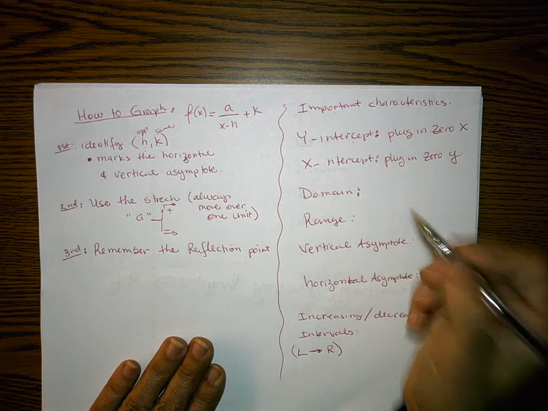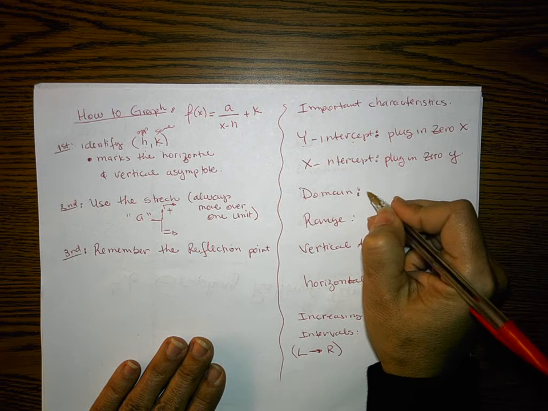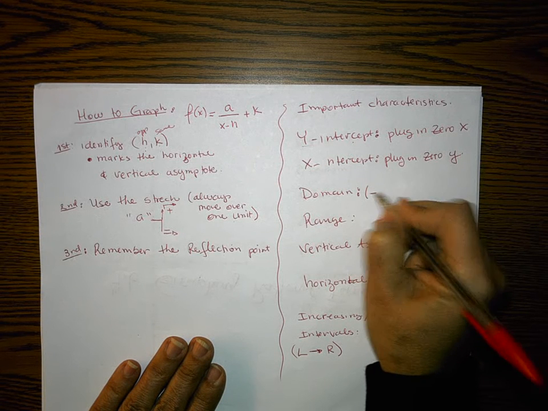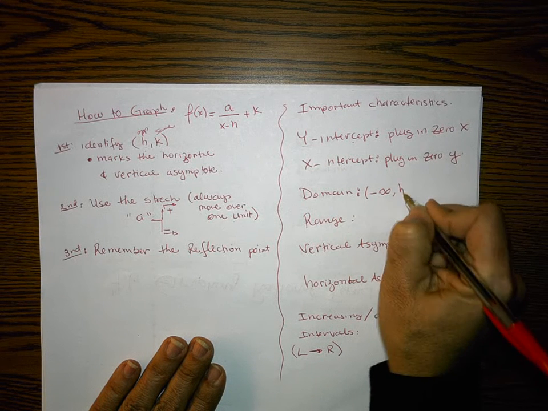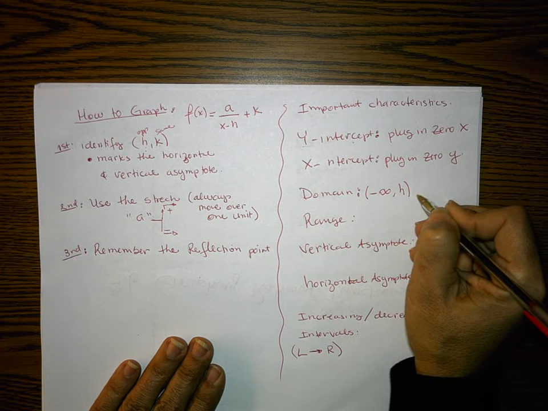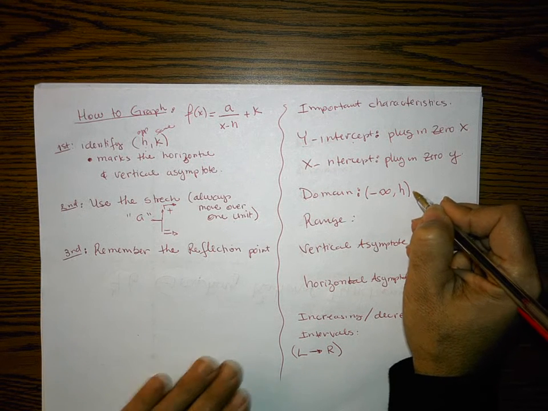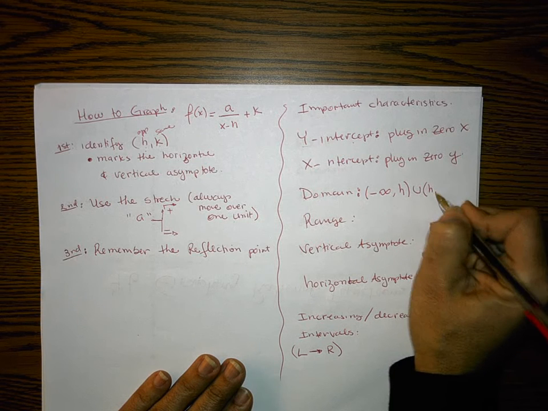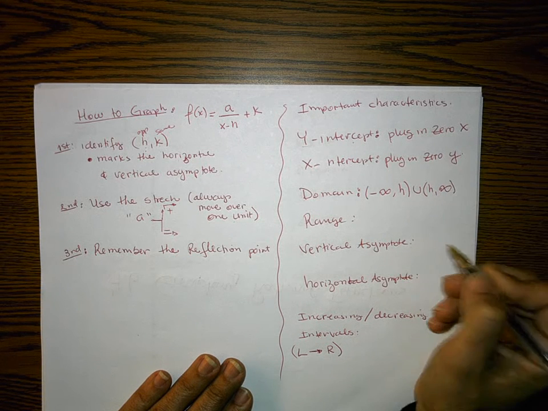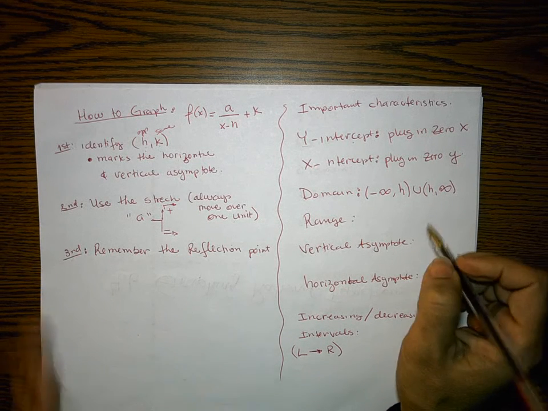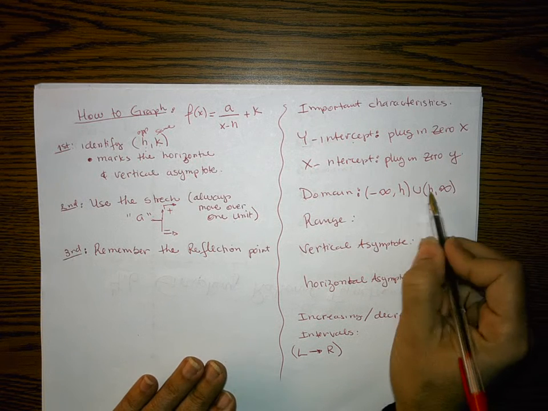The domain, we decided, and we saw it through lots of patterns, always goes from negative infinity up to the h value, and then it skips the vertical asymptote, and then it moves on from h all the way to positive infinity. So it skips that vertical asymptote at the h value.